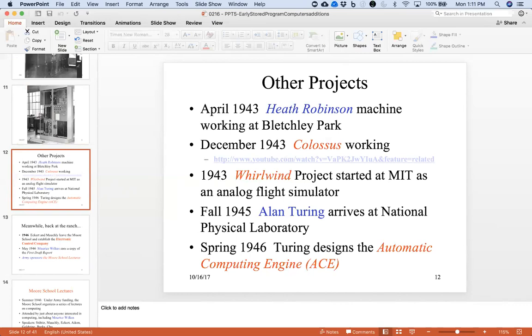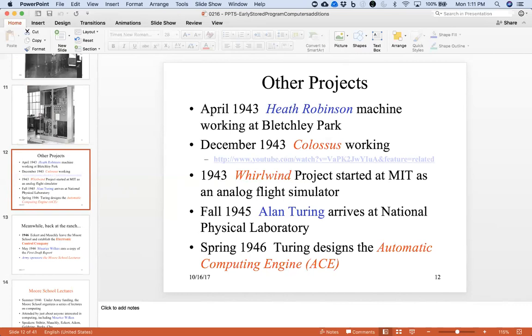But you see here the Heath Robinson machine, used primarily for doing calculations. There was a lot of interest in Bletchley Park.